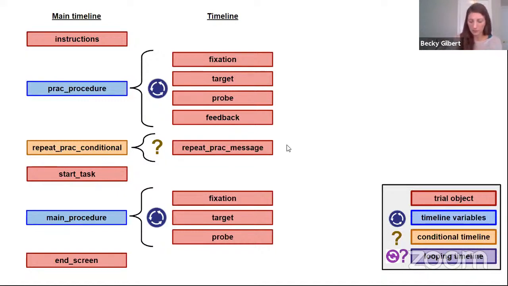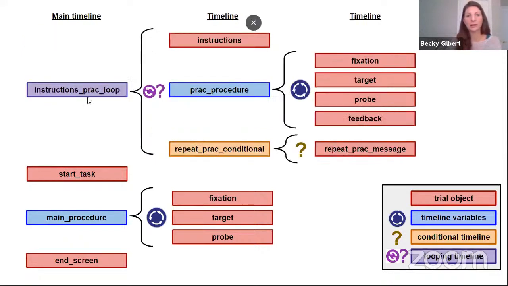That depends on performance. So then what we did was we put these things inside of our practice loop. So this was the last modification we made. We created a timeline with these three things in it: the instructions, practice procedure, and then this conditional. So now what happens is this is on the main timeline. So this is the first thing that happens.